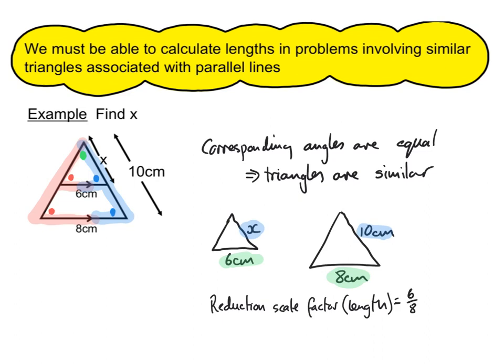However, if I'm going to be using a calculator for this, there's absolutely no need to simplify that. In a non-calculator paper, it might be worthwhile simplifying that before moving on. So x is equal to 10 multiplied by your reduction factor, because remember I'm trying to reduce the size of the 10 here, and that's going to give me 7.5 centimetres.